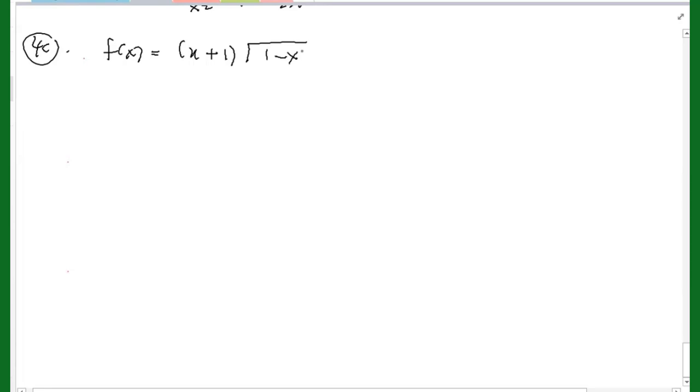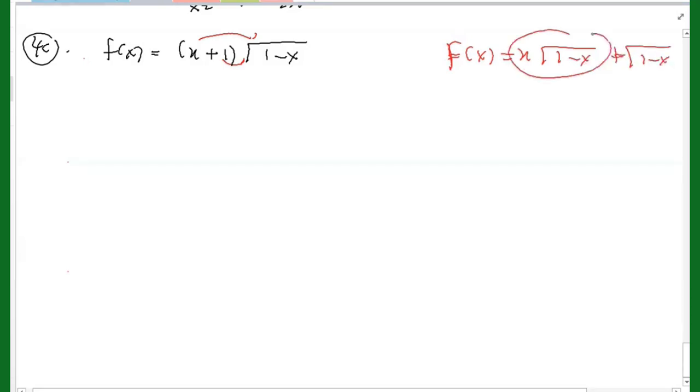Either you do the product rule, or if you expand it, you still need to use the product rule, unless you write x squared and bring it inside. So now our aim is to recall the product rule, as you may not already know it.